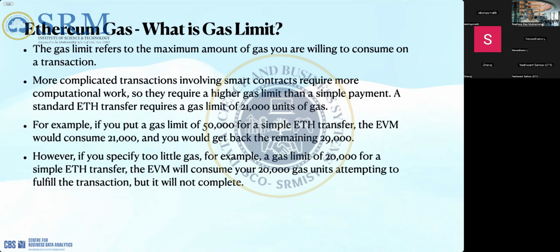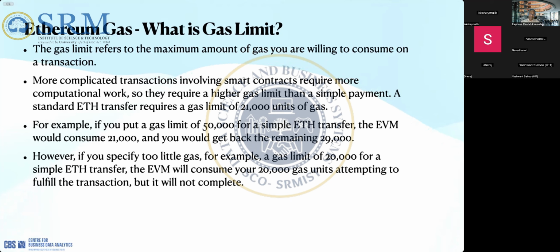That is the maximum gas limit you can specify. More complex transactions involve more and more operations, so you need to put in more based on the complexity of the transactions.